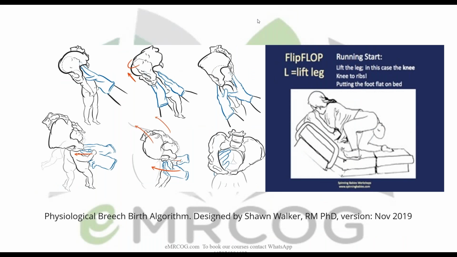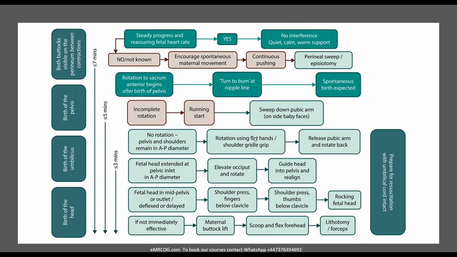You can see in the picture using the flat hand and trying to rotate the body. Can you see here, guys? Yes, well done. So then release the pubic arm simply and rotate back.